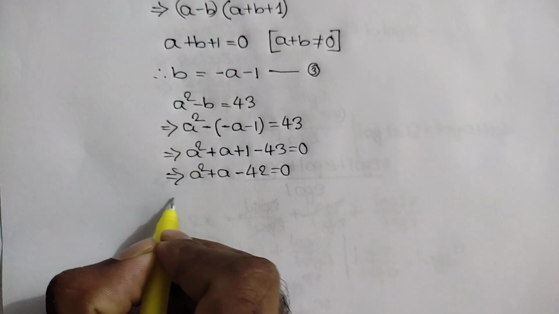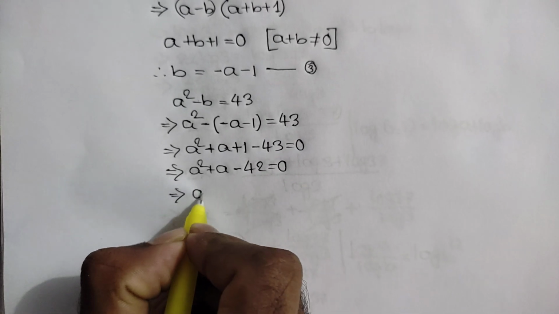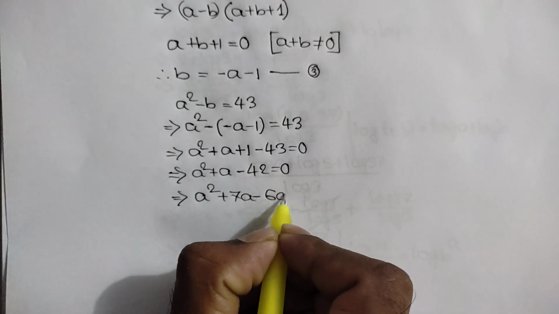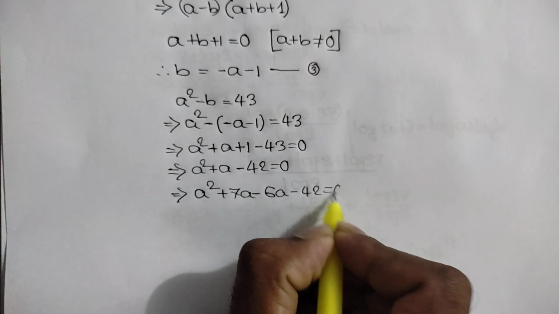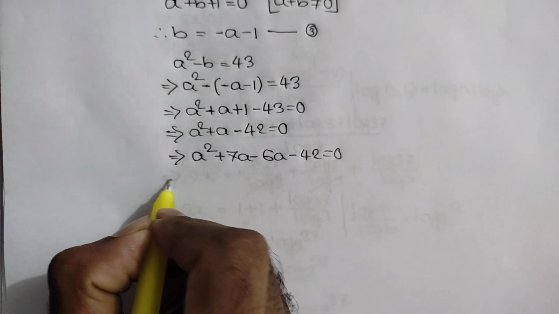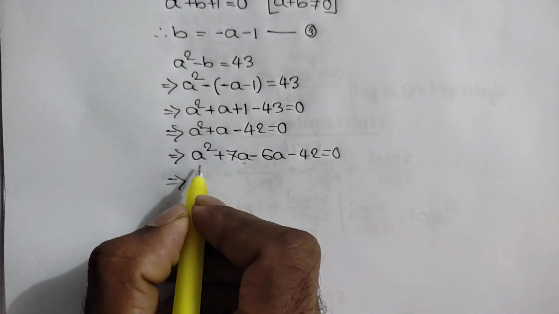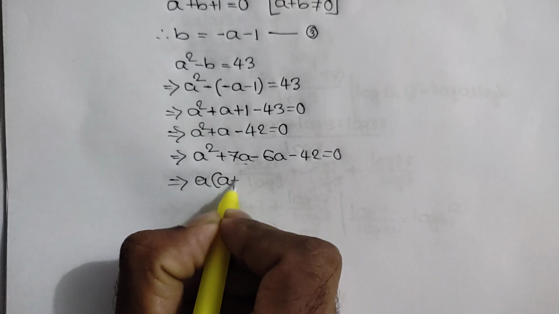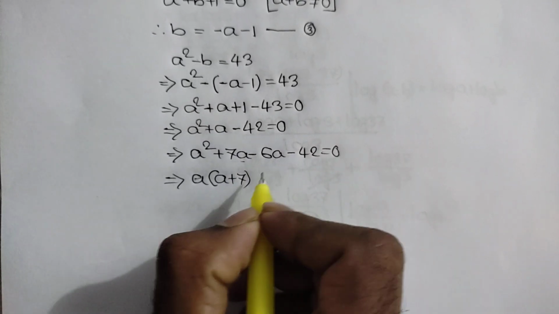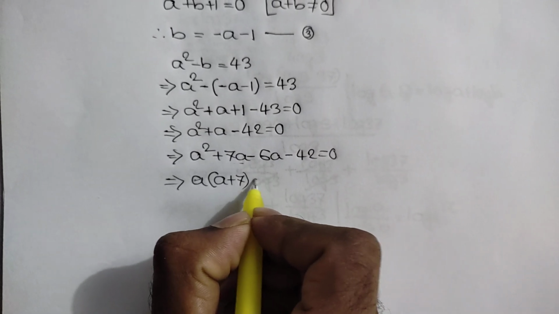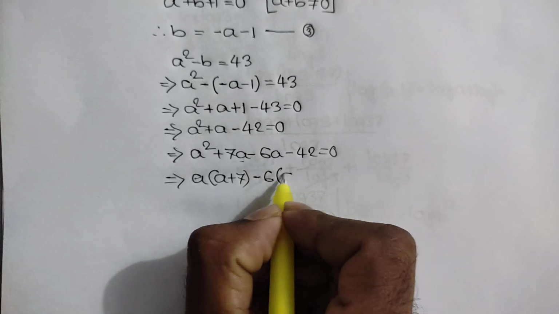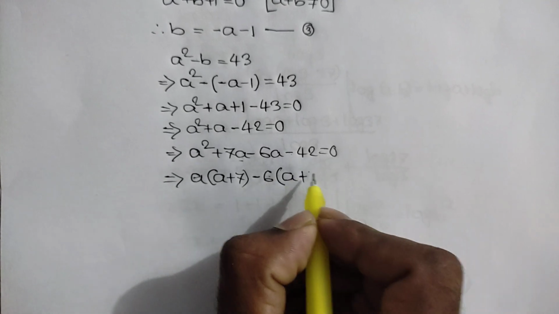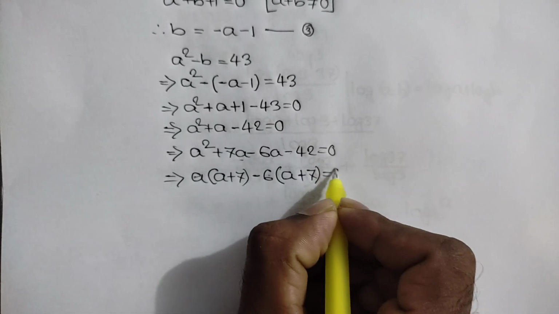Here we can apply middle term breaking, so we can write a square plus 7a minus 6a minus 42 is equal to 0. Here taking common a from the first two terms, we can write a plus 7, and from the last two terms we can take common minus 6, so we can write a plus 7, minus times minus is equal to plus 6, 42 divided by 6 is equal to 7, is equal to 0.